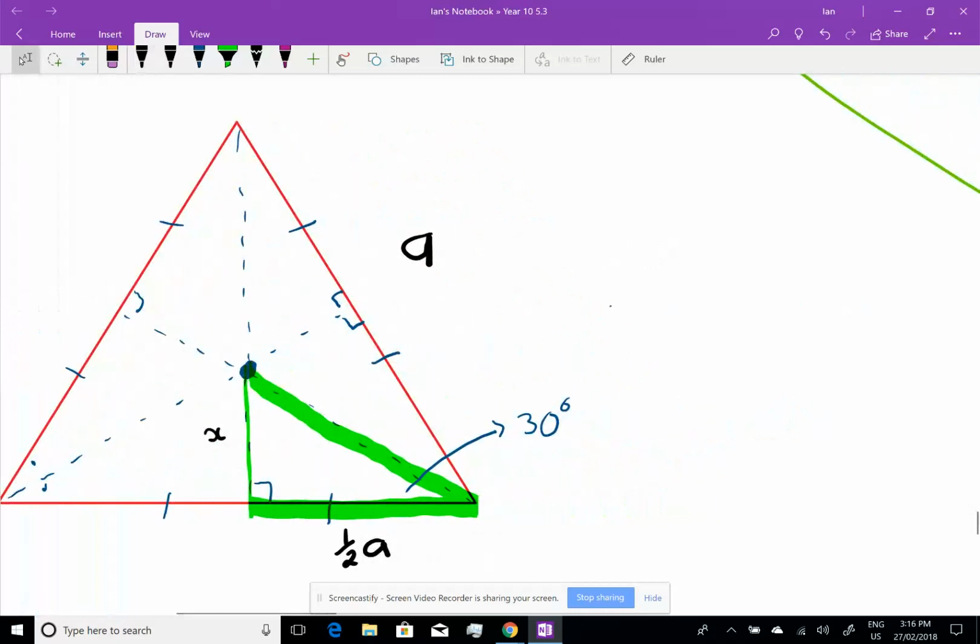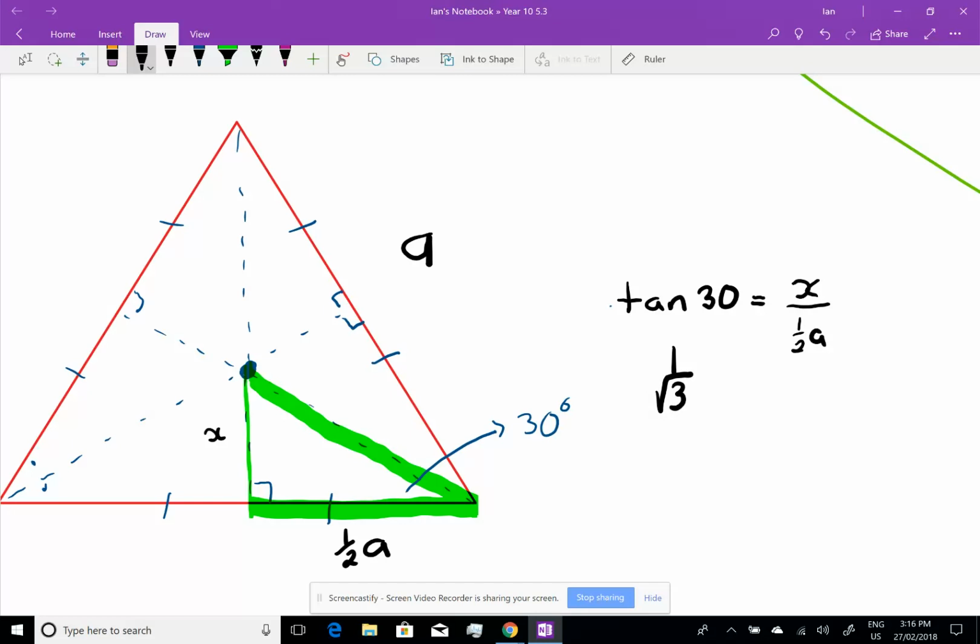Now, we've done trigonometry. We have a right angle triangle. So we can say tan 30 equals X on a half A. Now remember, tan 30 is a number. This is where you're going to have to take me on belief that tan 30 is equal to 1 on root 3.